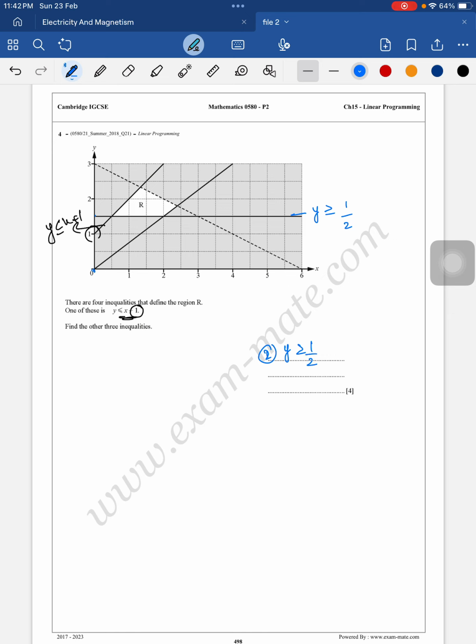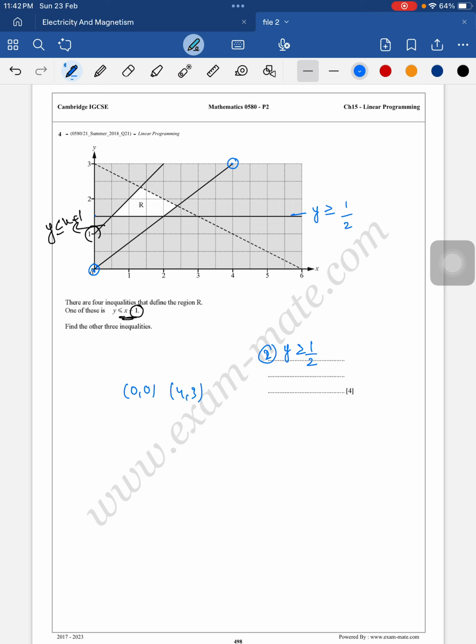Okay, now the third one, which is over here. This point is 0 comma 0, right? It is not having any y-intercept, that is just 0 comma 0. And second point, if I take, this is 4 comma 3, right? 4 comma 3. Okay, it has y-intercept 0, so c is 0.